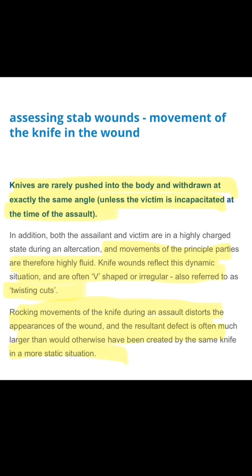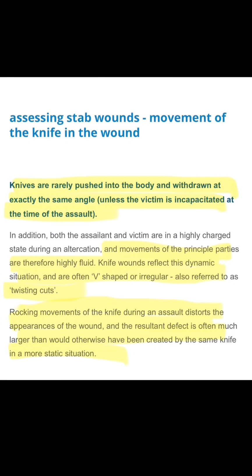It says assessing stab wounds, movement of the knife in the wound. Knives are rarely pushed into the body and withdrawn at exactly the same angle unless the victim is incapacitated at the time of the assault. In addition, both the assailant and the victim are in a highly charged state during an altercation, and movements of the principal parties are therefore highly fluid.